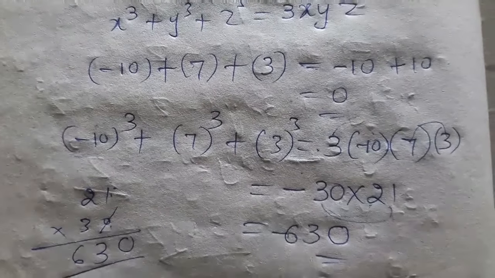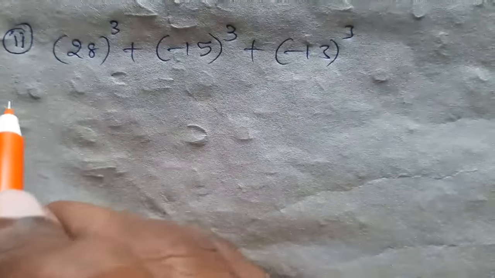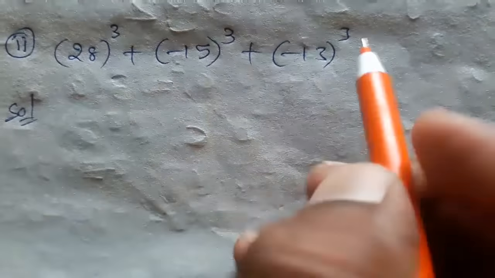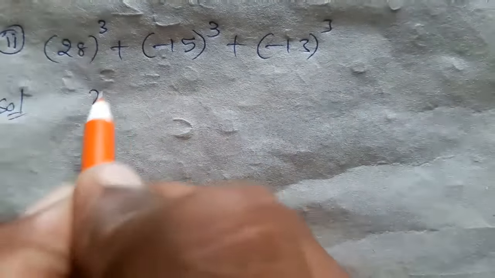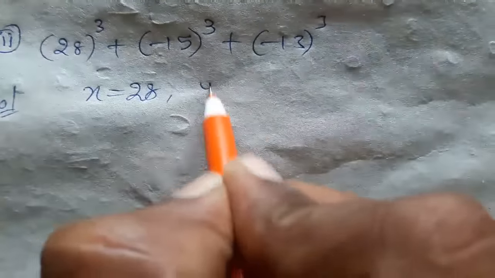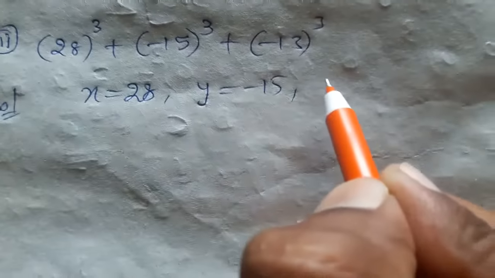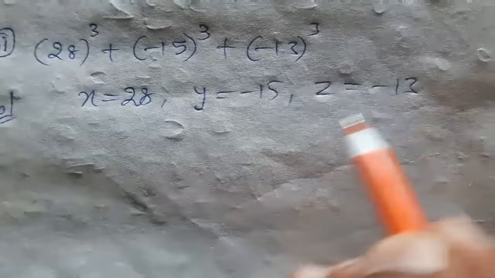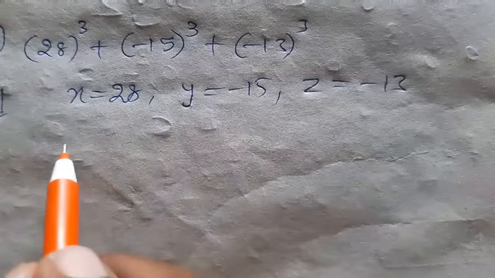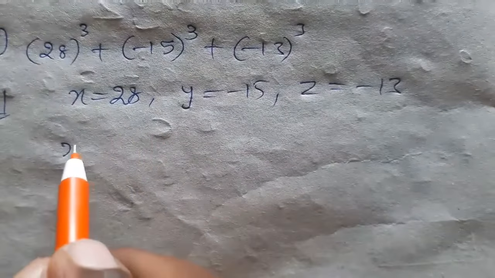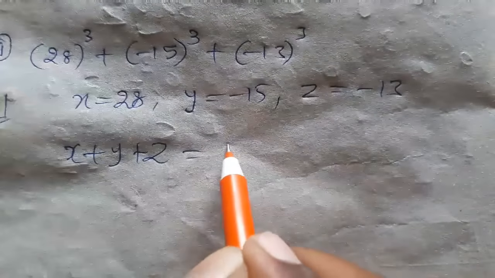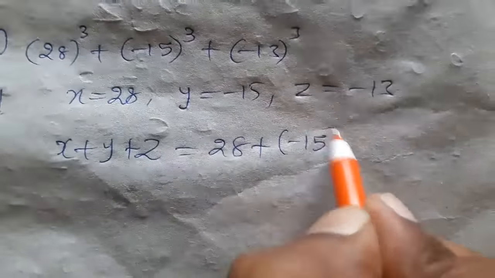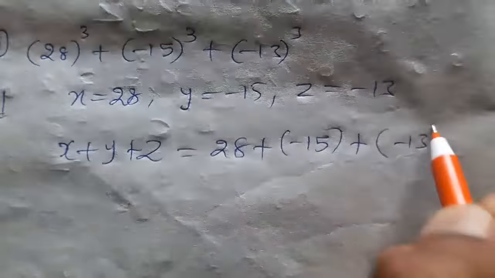Now move to the next one. See here, the sum of the cubes is given. So for the sum of the bases, the x value is 28, the y value is minus 15, and the z value is minus 13. Now the sum of the bases, x plus y plus z, equals 28 plus minus 15 plus minus 13.